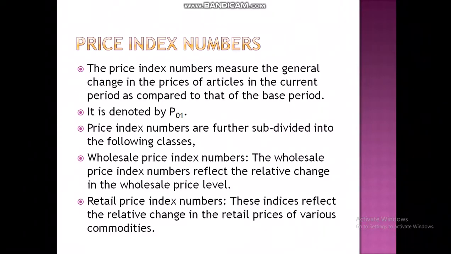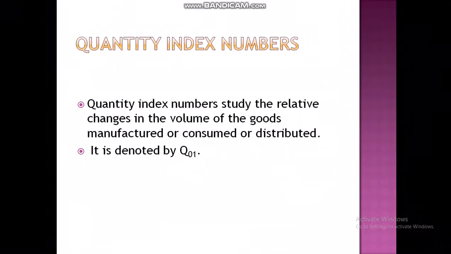Then wholesale price index numbers are the relative change in the wholesale price level, and retail price index numbers are the relative change in the retail price of various commodities. Then the next type of index numbers is quantity index numbers.